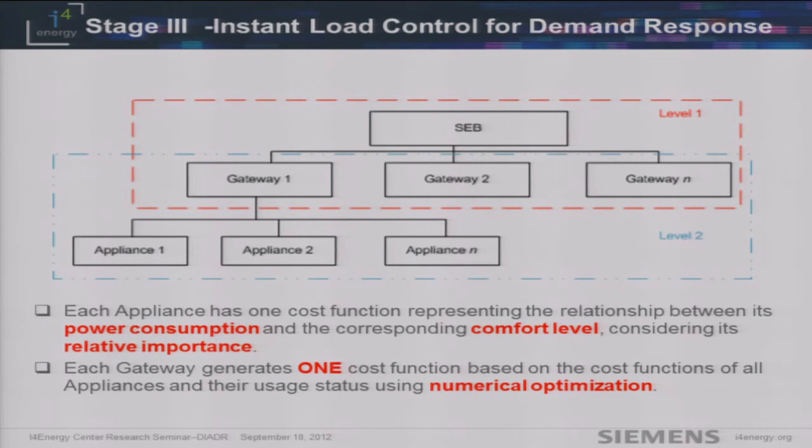That cost function is like the utility function in economics, which represents the relationship between the power consumption and the comfort level. And after the gateway gets those cost functions from each and every appliance, it would calculate one cost function for all the appliances. Then it would submit that cost function to the SEB.